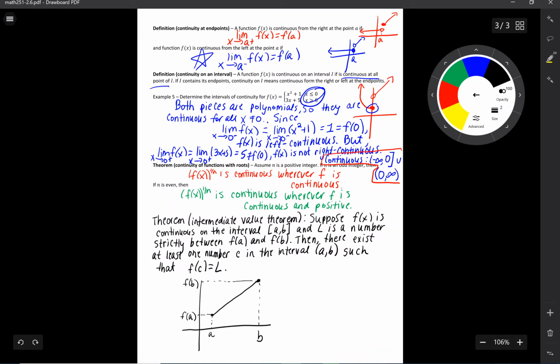So I have a continuous function. What the intermediate value theorem says is that I can pick any y value between f of a and f of b, strictly between them, so I can't actually equal f of a or f of b.